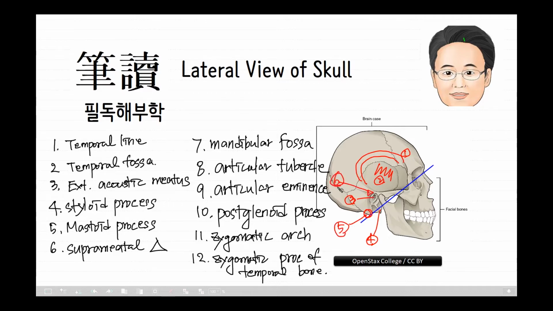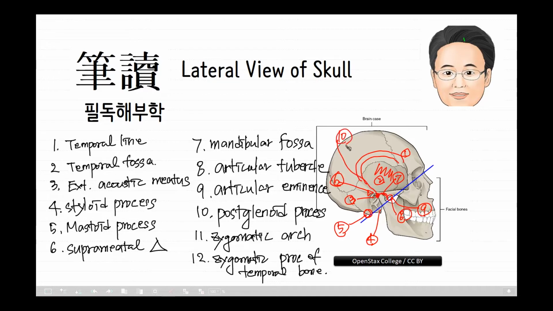Number 7, mandibular fossa is here. Number 8, articular tubercle here. Articular eminence is also located here, inside of the articular tubercle. Number 9, articular eminence. Number 10, postglenoid process is located here.